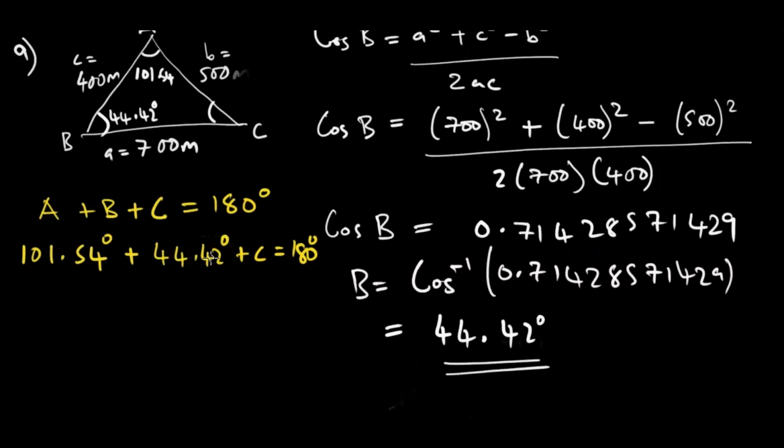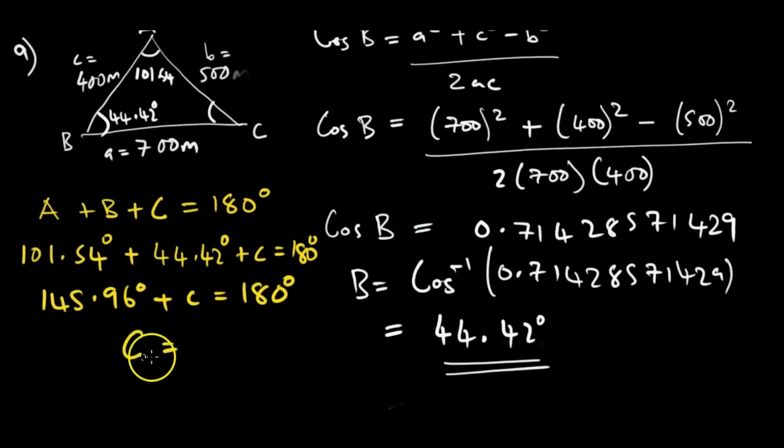If we add 101.54 to 44.42, tirikuwana 145.96 degrees plus c is equal to 180 degrees.